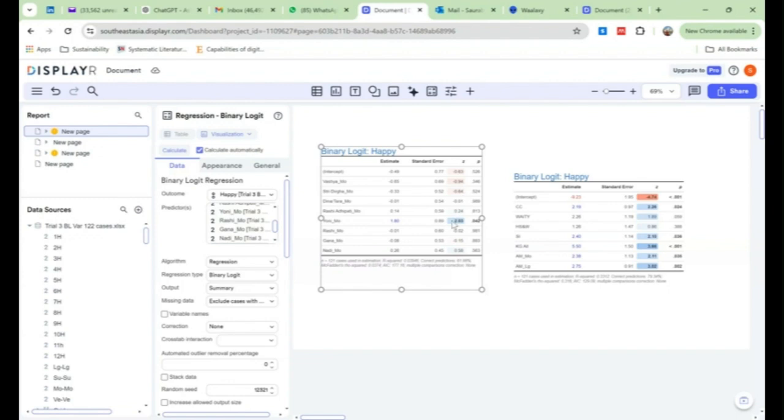We see that Yoni is having the highest weightage, Nadi is second highest, Rashi Adhipati is third highest. So the weightages are also not as per theory, it's staggered. It's okay if it's staggered, but if it is negative, then we are worried that probably the data is not enough and we need more data.